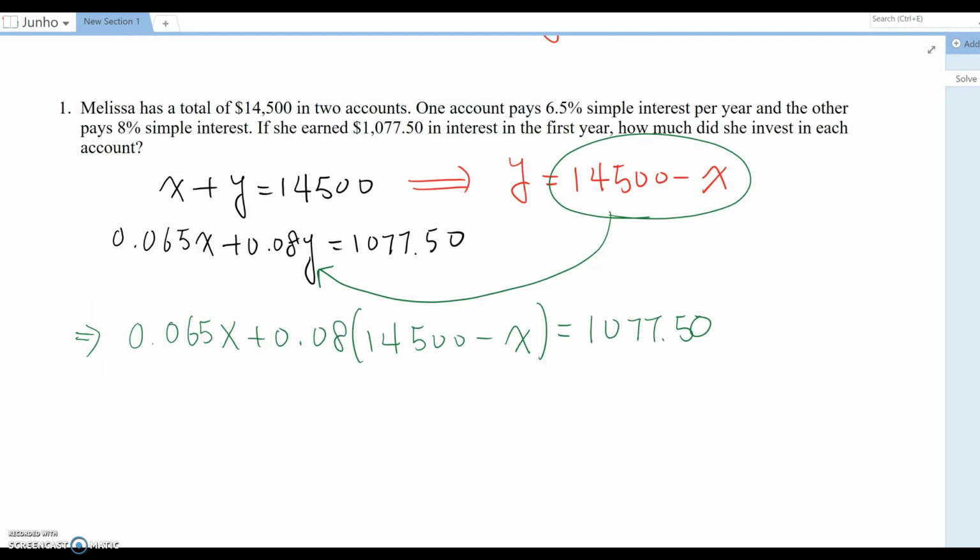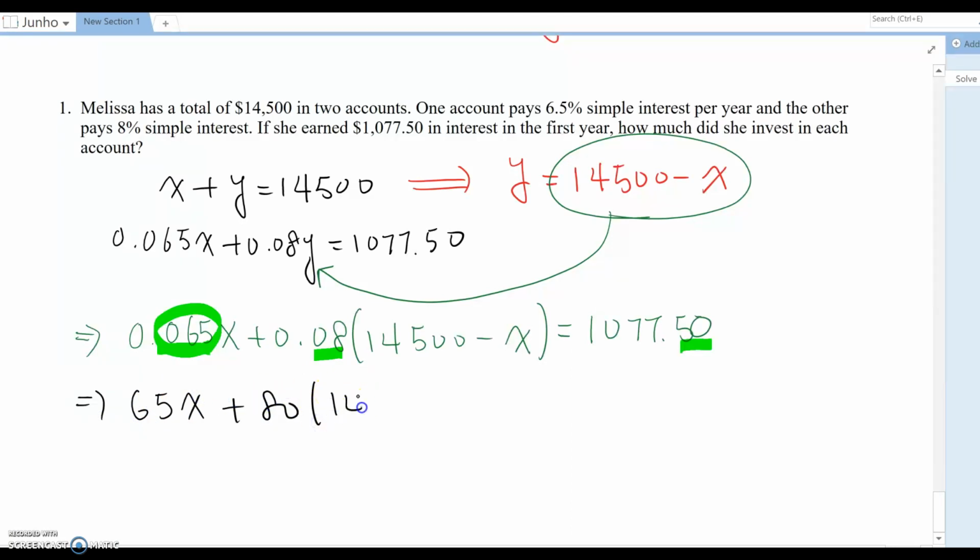Now I count decimal digits. You see 1, 2, 3, 1, 2, 1, 2. So this is the largest number of decimal digits, so we move everything to 3 digits. Then this becomes 65x plus 80 times 14,500 minus x equals 1,077,500.